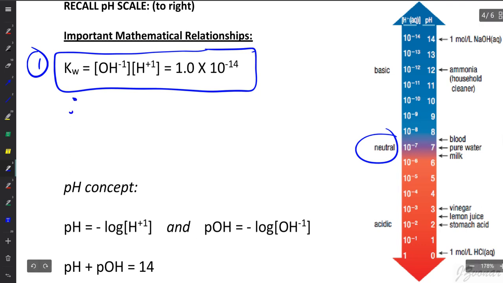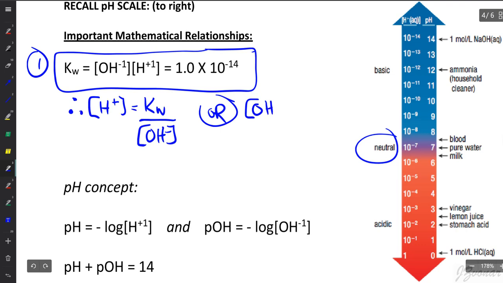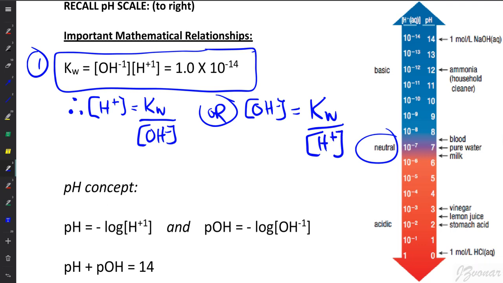From this equation we can derive the concentration of hydrogen ions is equal to Kw, which is 1 times 10 to the negative 14, over the concentration of OH. Or we can find the hydroxide ion concentration by dividing Kw, which is given as 1 times 10 to the negative 14, over the hydrogen ion concentration. So we can manipulate this relationship into two different equations.